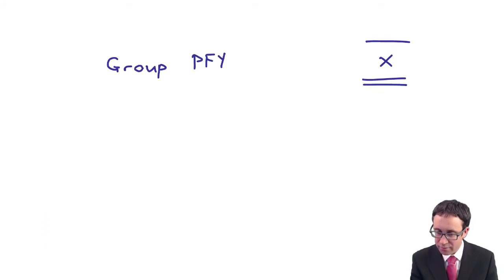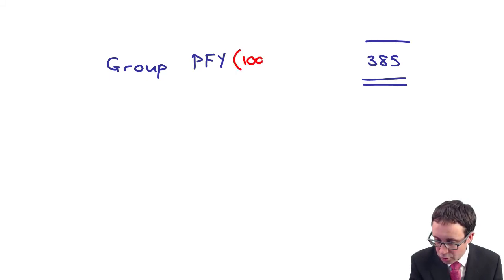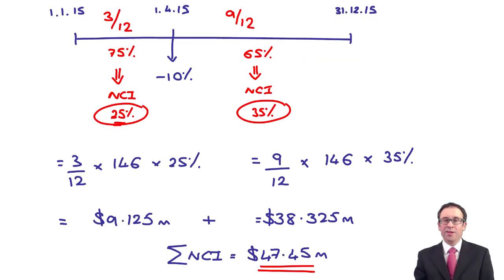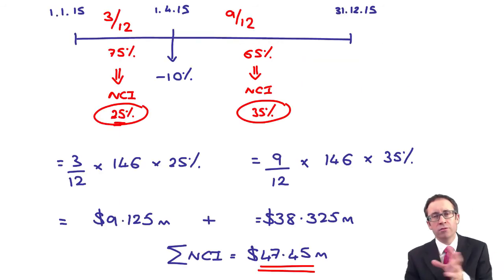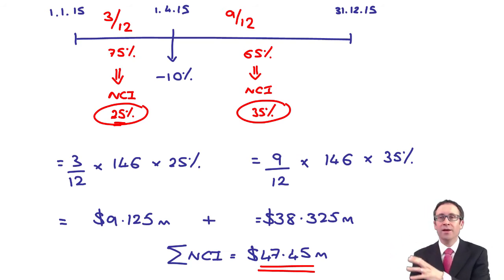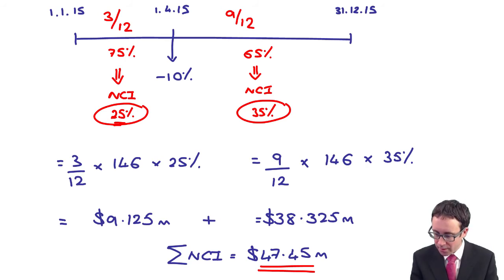Does that give me 385? Again, you can correct me if I'm wrong. So that gives me 385 because that's just 100% of P plus 100% of S. There has been a disposal during the year, okay, but we're still going to consolidate the results of S in full because we've had control for the full 12 months, okay. So we don't change anything in terms of prorating anything in terms of the revenues and the costs because we've had control for the full year.